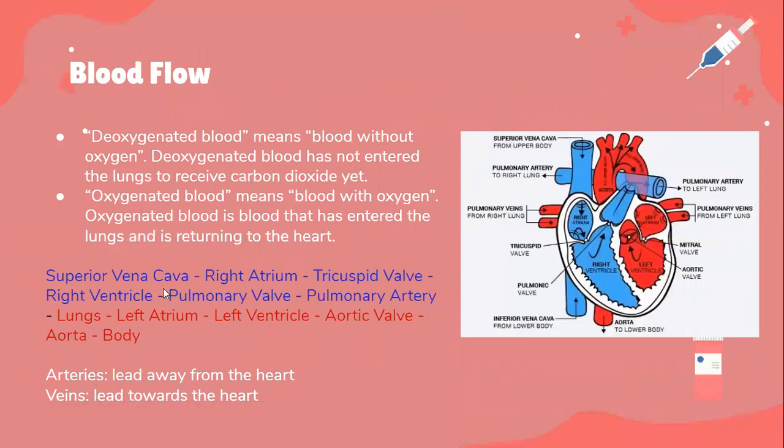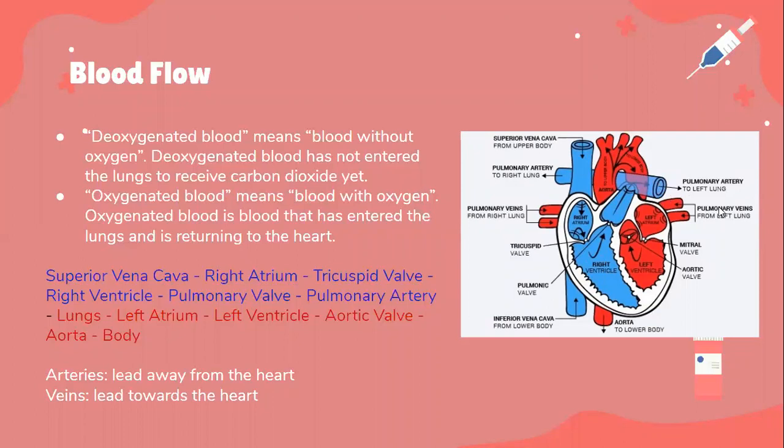And this is the pathway it takes. It goes in from the superior vena cava into the right atrium, then through the tricuspid valve, then into the right ventricle, and then up through the pulmonary valve, then to the pulmonary artery and then to the lungs, and from the lungs it goes back into the heart.